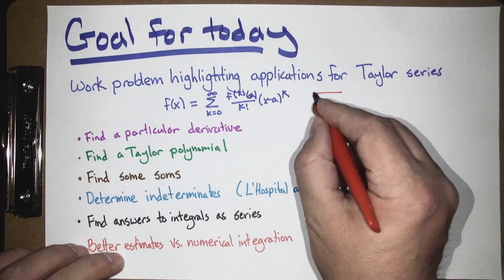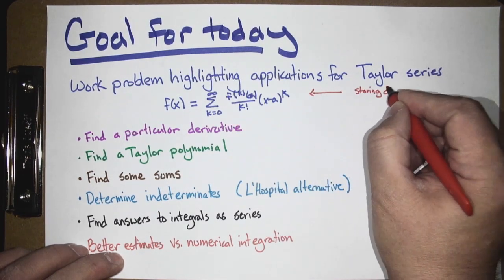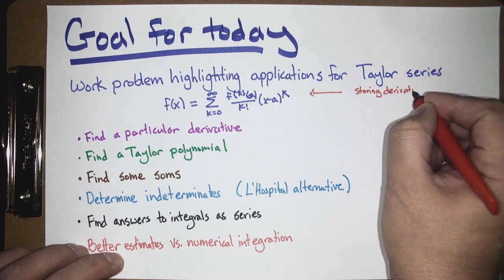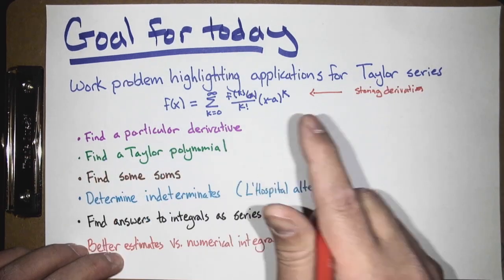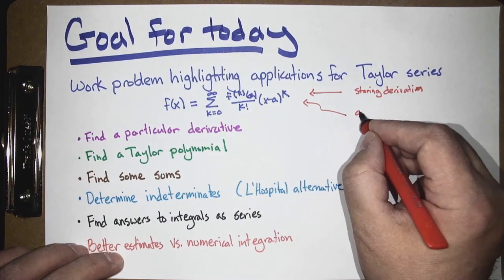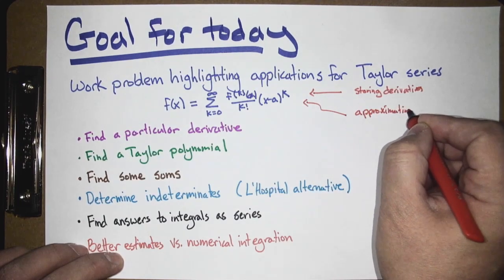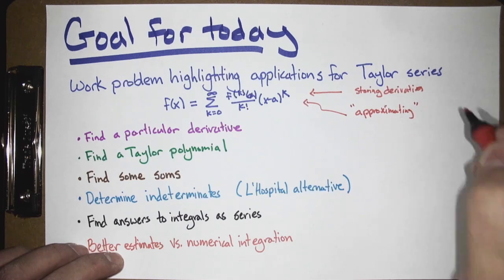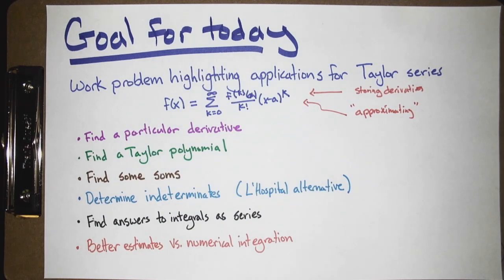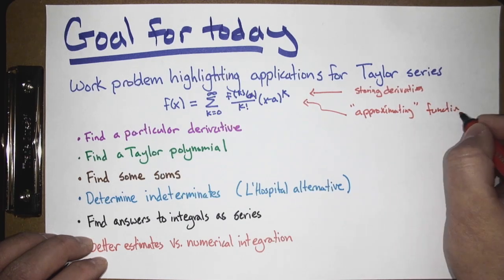One is that, hey, we're storing derivatives, and in particular, our coefficients store derivatives. So that's why it says find a particular derivative. But also, it says, oh, we're approximating our function. And when I say approximating, we're really, really good approximation because we're equal. Approximating a function as a polynomial.